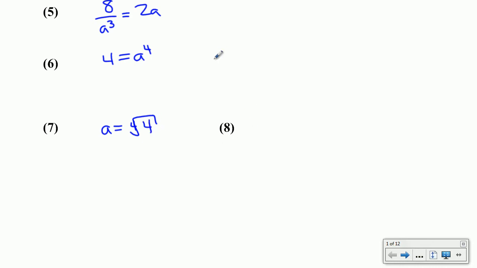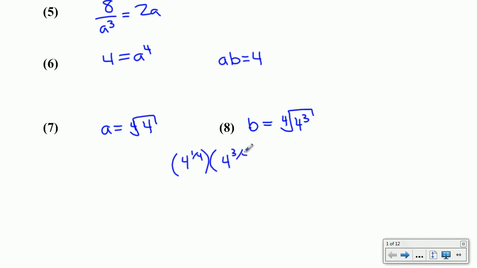And b, given that it's related by this equation, I will say that b is the 4th root of 4 cubed. So these 2 numbers should multiply to give 4. So if I write this in exponential notation, 4 to the 1/4 times 4 to the 3/4 gives us 4.